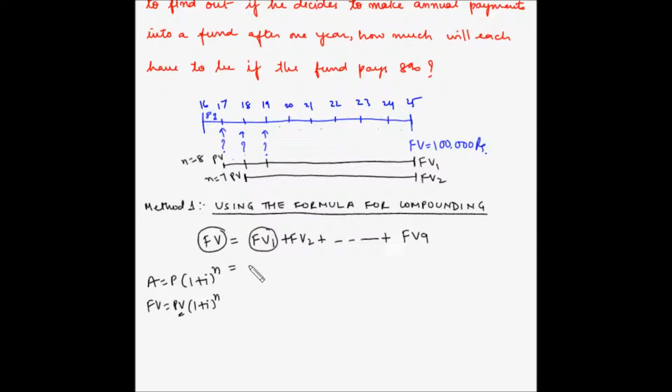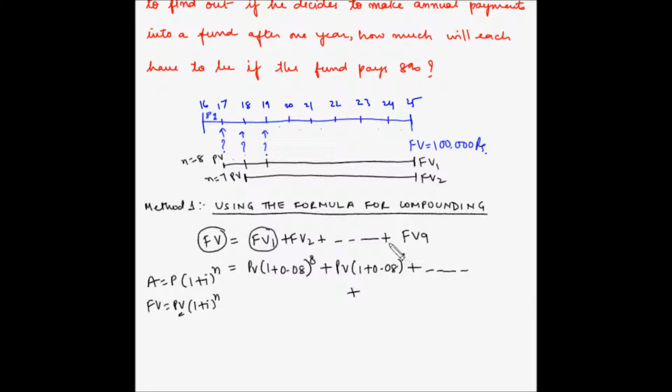So this future value becomes PV into (1 plus 0.08) to the power 8, because as we saw, this first PV is going to be compounded for 8 years, plus PV into (1 plus 0.08) to the power 7, plus so on.